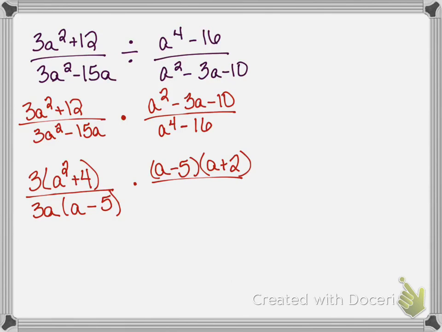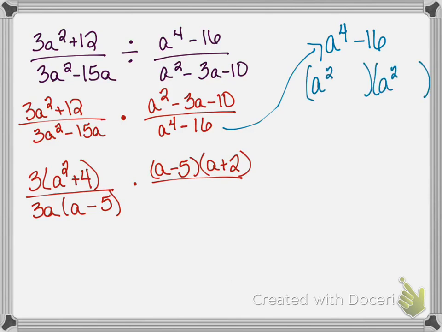Okay, now I want to do this one right here. I have a to the fourth minus 16. That is a difference of perfect squares. A to the fourth is a perfect square. It's a squared times a squared. So then I have plus 4 and I have minus 4.